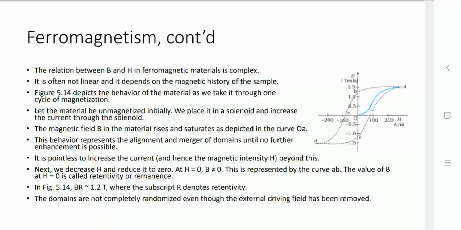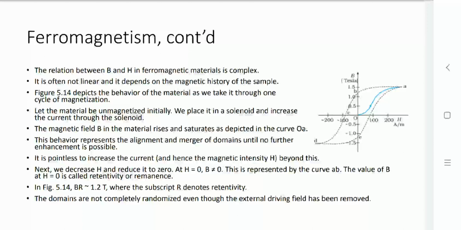If we are providing an external field and current starts to flow, as H increases, the magnetic field is not linear, but we get a curve like OA in the first quadrant. As H increases, the magnetic field also increases. The graphical representation is defined in OA.